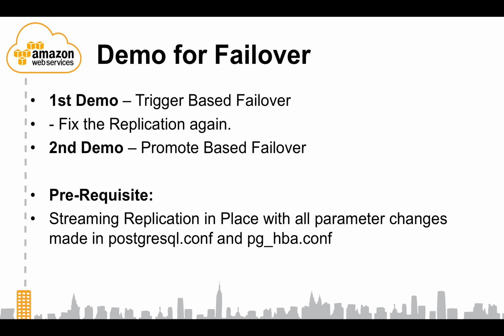We need to figure out in the script if something goes wrong, so it's better you do a small manual failover, always just a single command. So we have seen the demo of how trigger based and promote based failover is done, keeping in mind that streaming replication was in place.